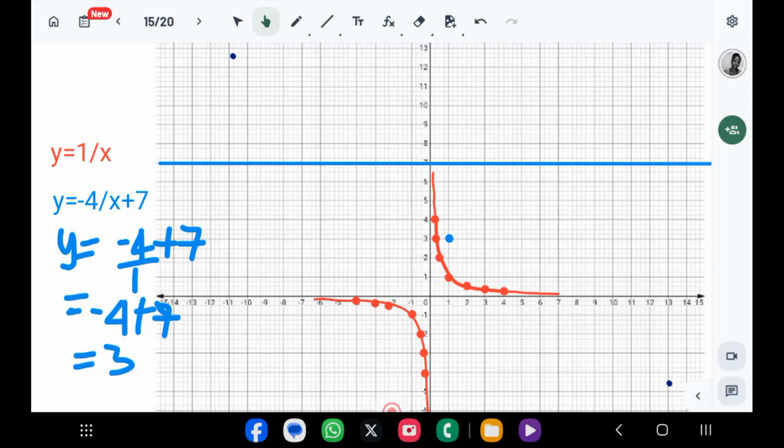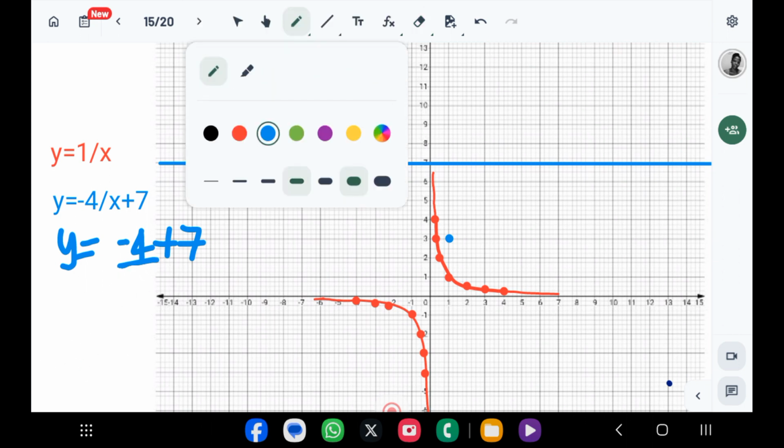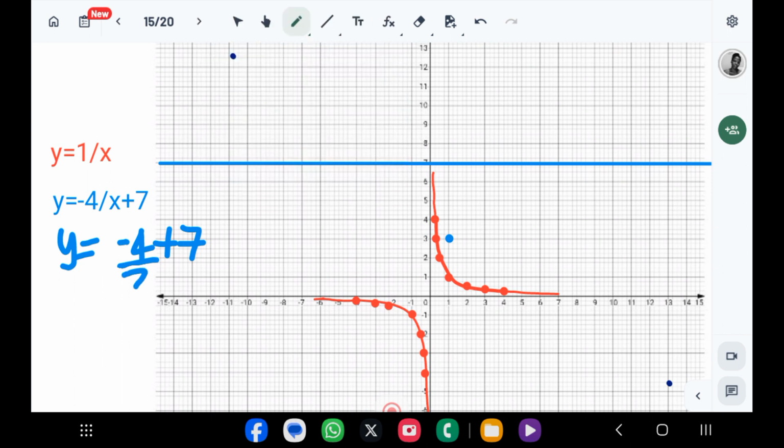When x equals to 2, let's figure out. When x equals to 2, y equals to -2 plus 7, which is 5.